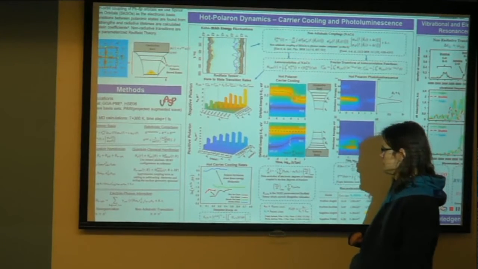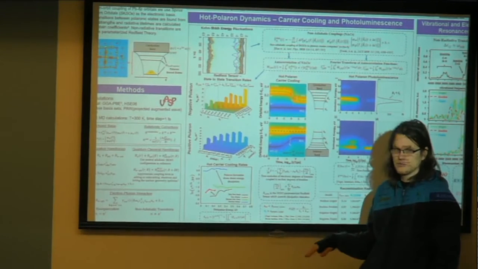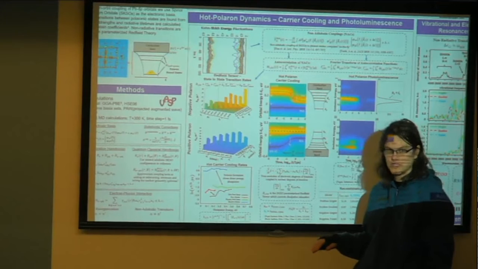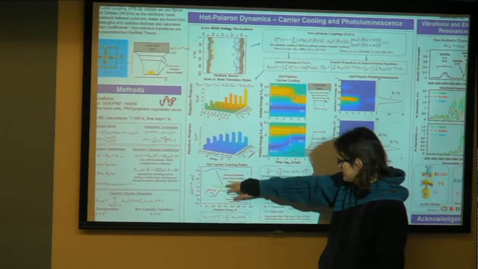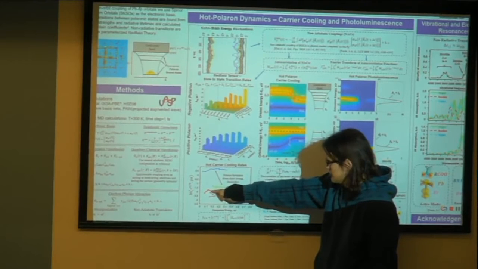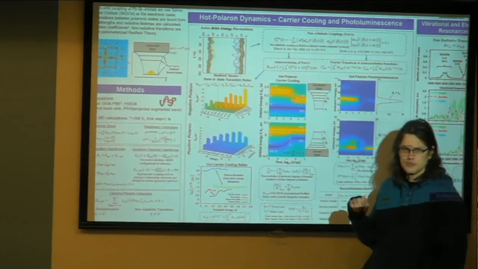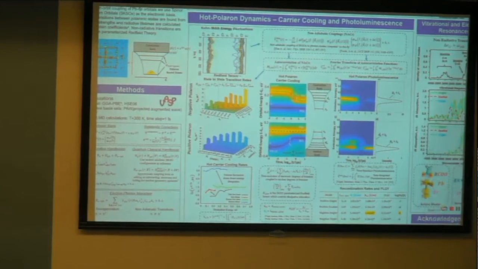And what we notice is if you do the same calculations without the polaron geometry, we see that the polaron cooling time is on a longer time scale than your free carrier geometries. So that's what you'd expect from the polaron geometry, since they should screen phonon interactions more, so they should take longer to cool.